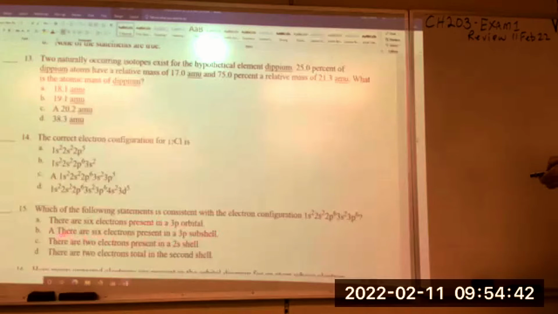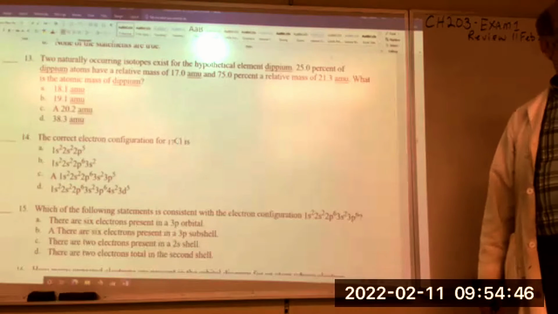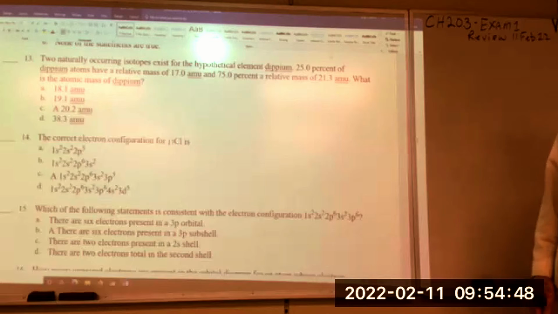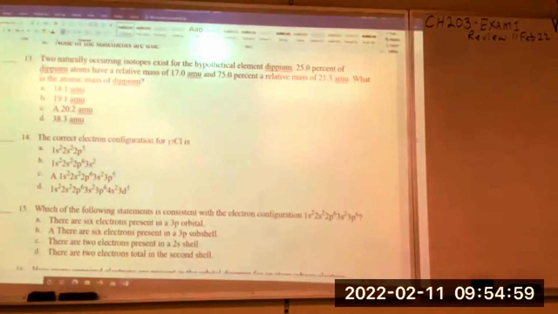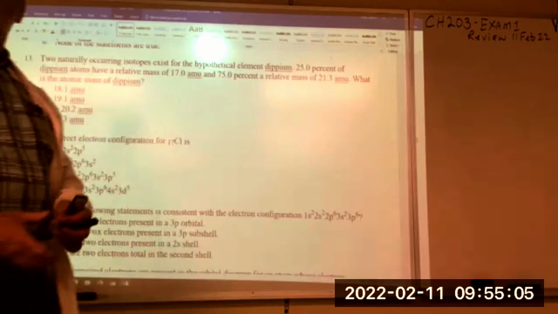And on a test, if you don't have any wonky ones at the bottom, like 2 of the above, 3 of the above, none of the above, then you can work your way down, and when you get to the right one, stop. That's assuming you know what you're doing. If you're taking a guess, then you have to go into the process of elimination. Try to narrow it down to 2 at least, then you have a 50-50 chance.